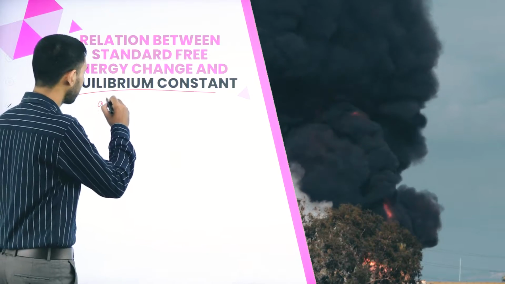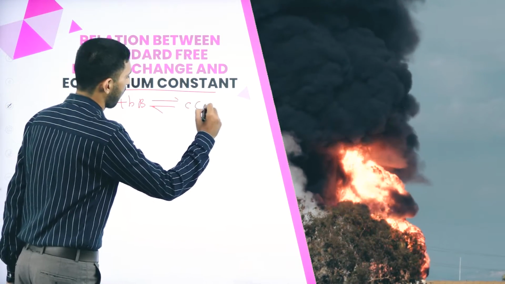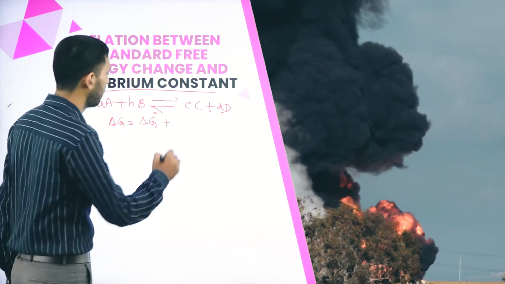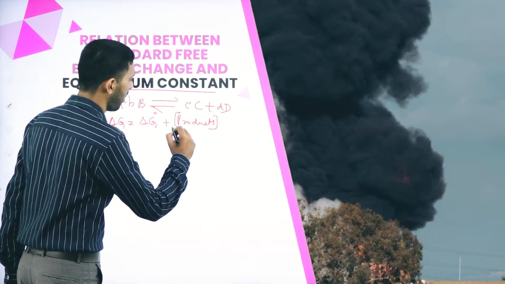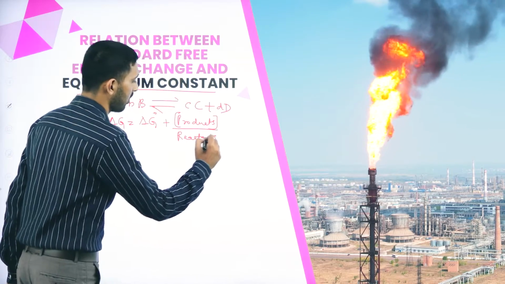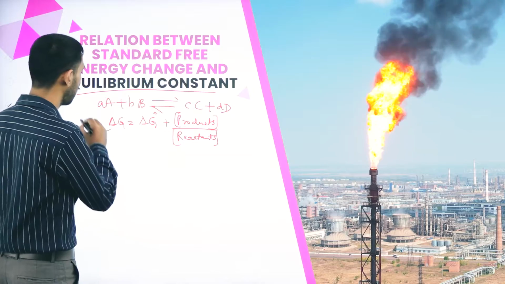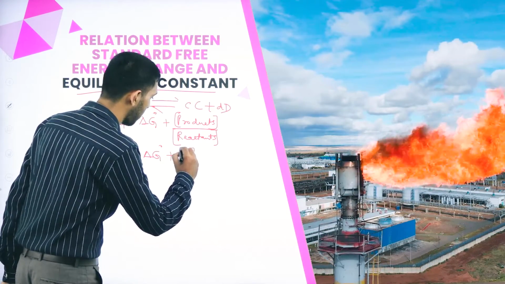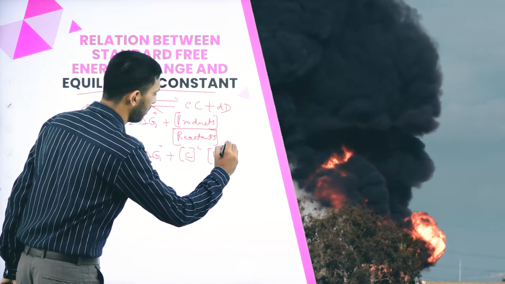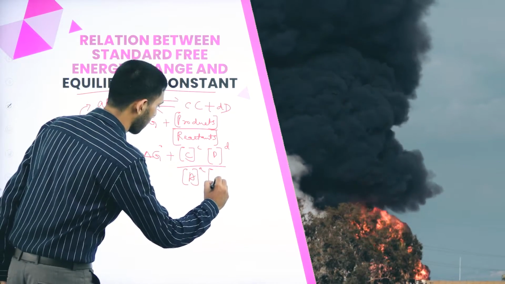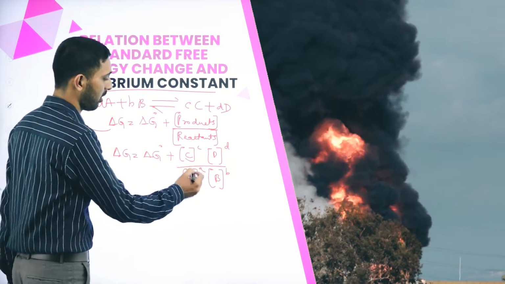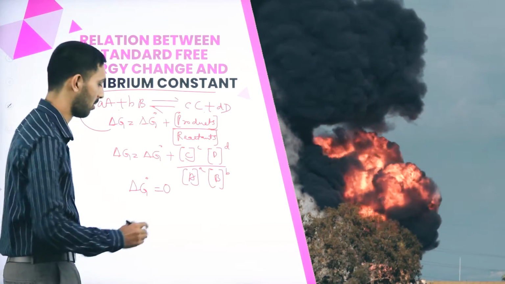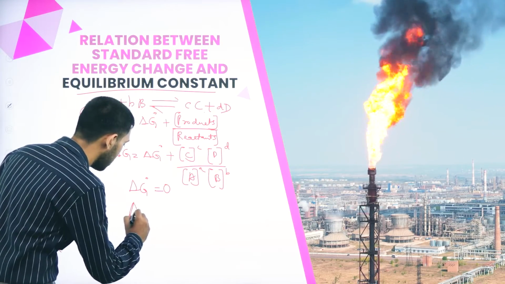Now let us take one equation. We know that delta G = delta G naught + RT ln (products divided by reactants). Now let us substitute this formula into the above equation. This is the reactant side and this is the product side. At equilibrium, delta G will be equal to 0.